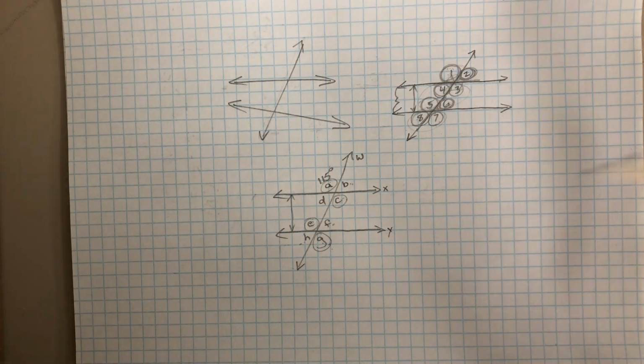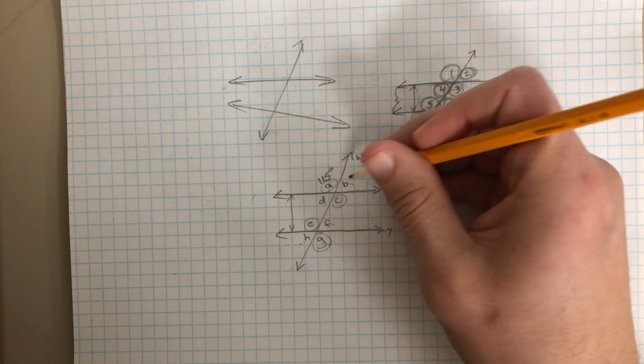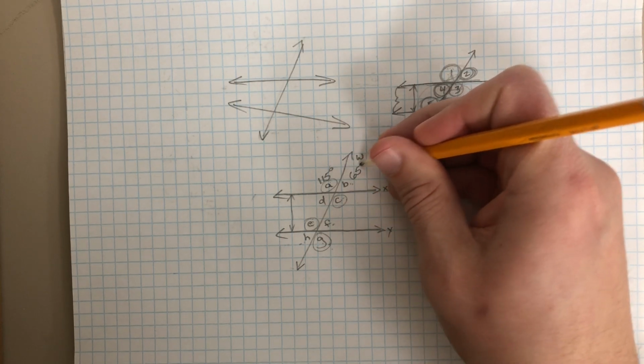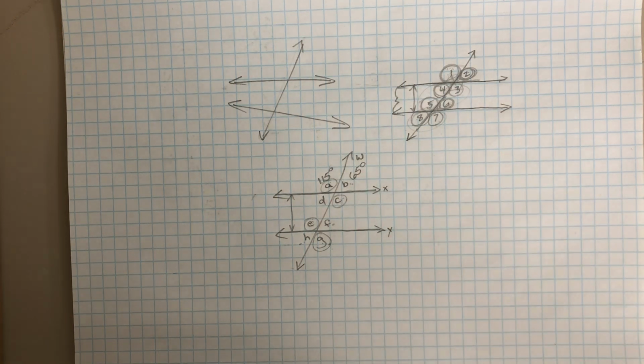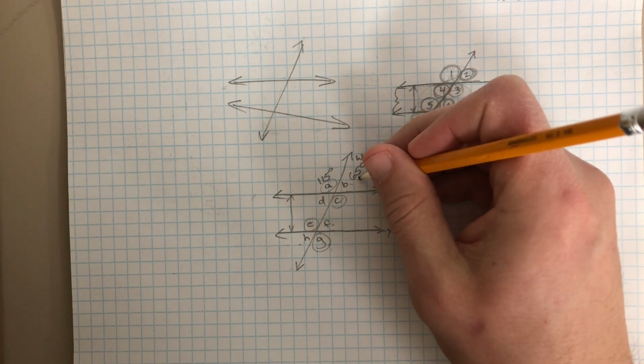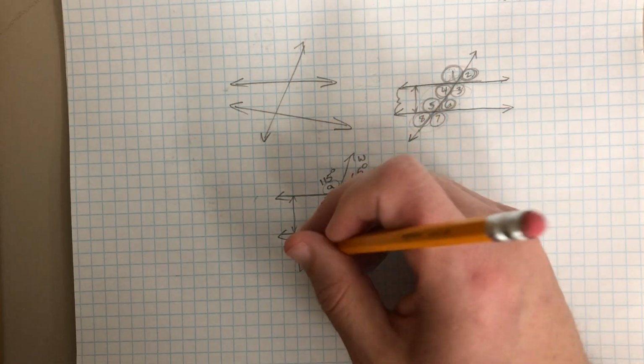Now, if I know those are 115, that means that B would be 65 degrees, because the two angles are supplementary. They form a straight line. So if B is 65, then H is 65 because they're alternate exterior angles.